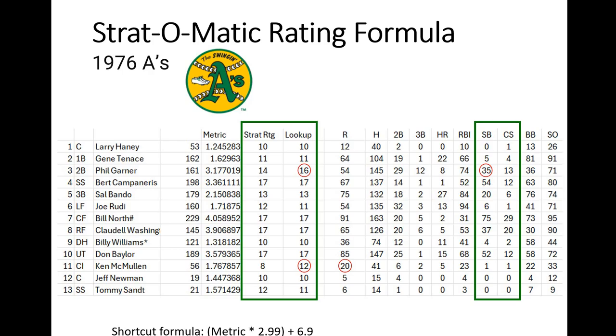But when I experimented with that a little bit here on the A's and maybe on the Orioles too, it wasn't quite as good as the lookup table because I did tweak the lookup table a little bit. So it got cut off in this slide, but I do say the lookup table is preferred. That's really all I wanted to say.